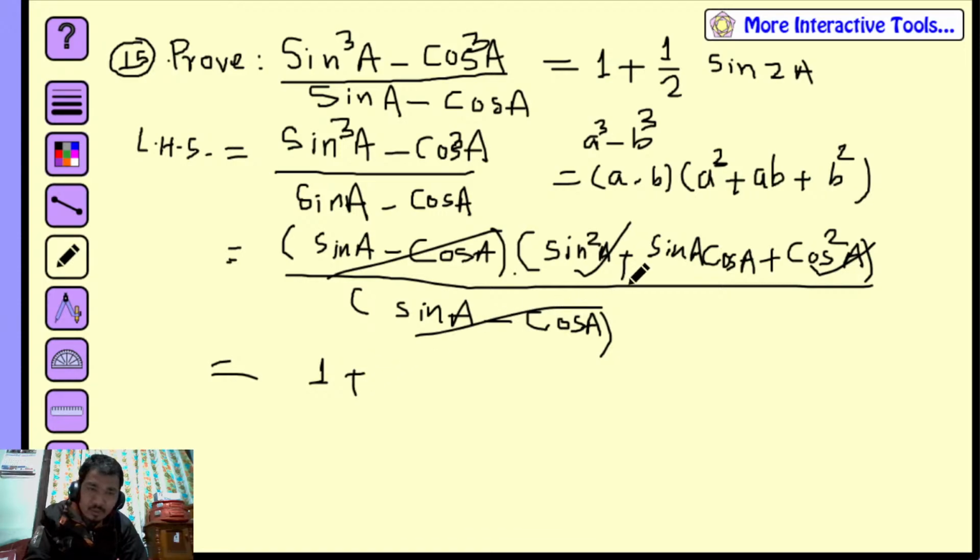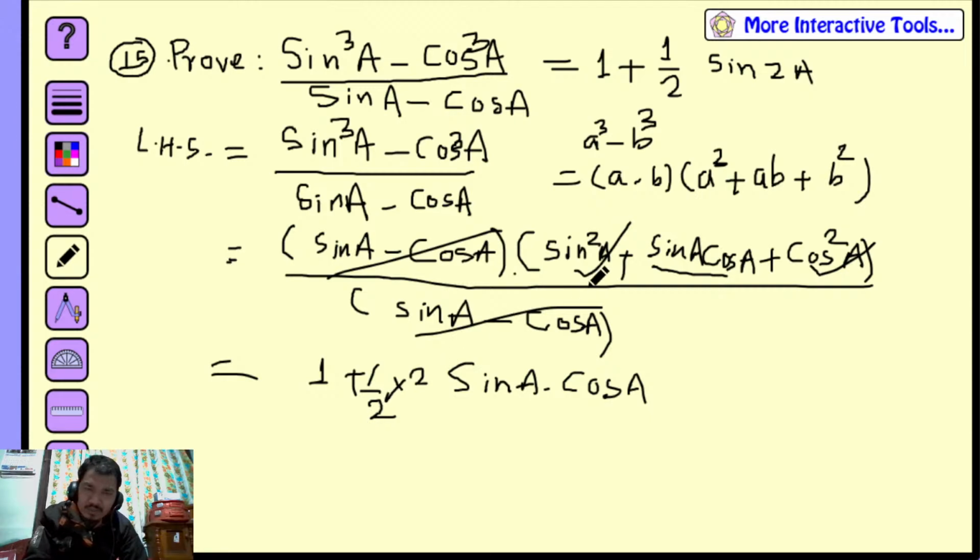And when you multiply sine A cos A together, if there was 2, then it could come in the formula 2 sine A cos A. But there is no 2, that's why we put this extra to make it balance. We have to divide it by 2, that's why 1 by 2.